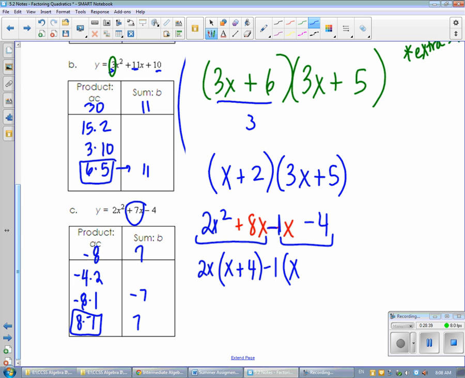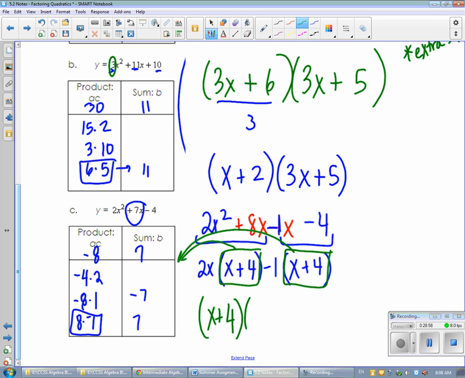And if I divide negative 1 out of negative 4, I'm going to be left with a positive 4. And now I think you can see that those two expressions are the same, and I can factor that expression out. And I'm only factoring out one factor of x plus 4, so I'm not going to square it, even though it looks like I'm pulling out 2. And what's left is 2x minus 1.